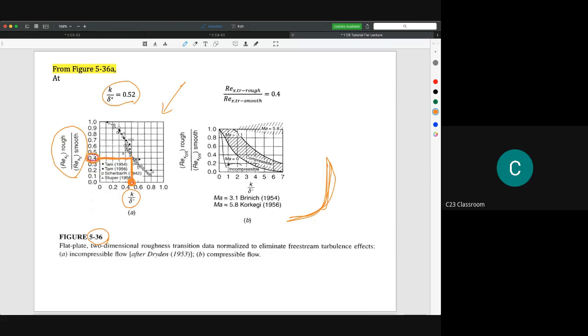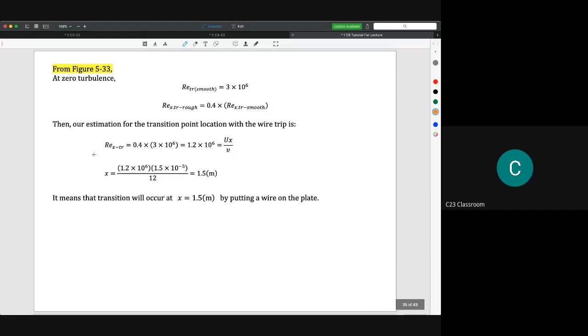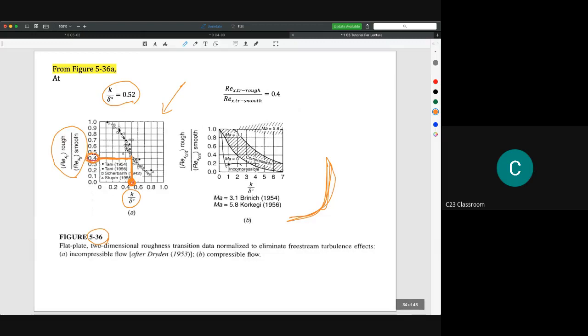So from this graph, we have the ratio of Reynolds rough over Reynolds smooth is 0.4.